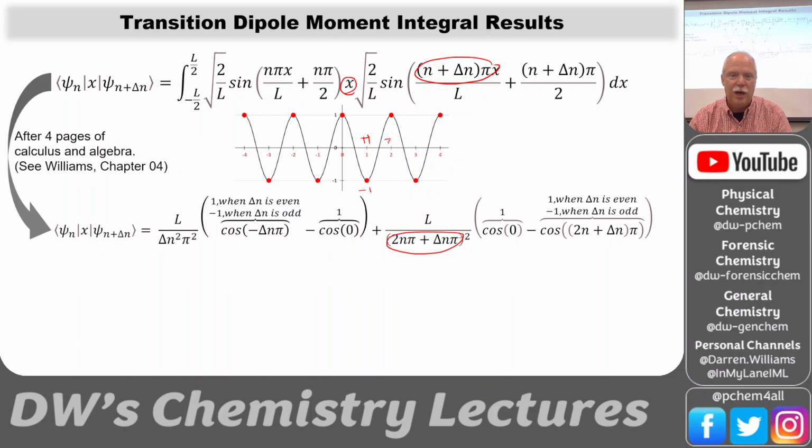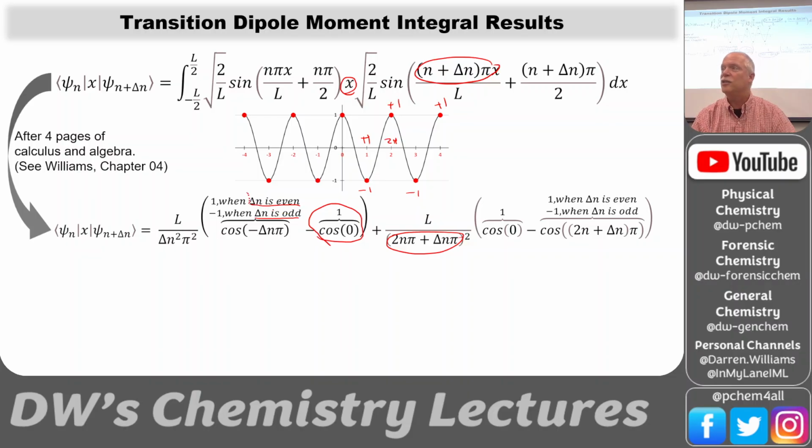When we get to 2 pi, it's +1. We get to 3 pi, it's -1. 4 pi, +1. So now we have a split between even and odd. So we have certain situations. So this one is cosine 0, which is always 1. Okay, but this is +1 when n is even, delta n is even, and this is -1 when delta n is odd. So we have an odd-even split.